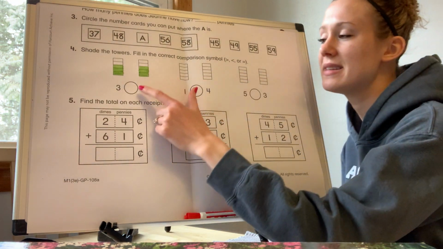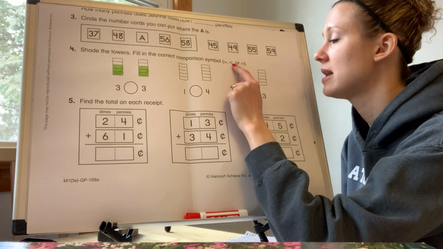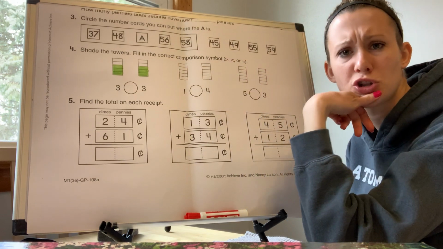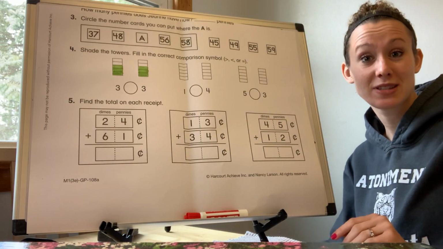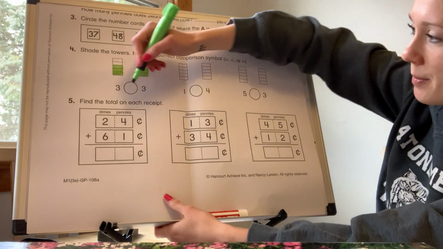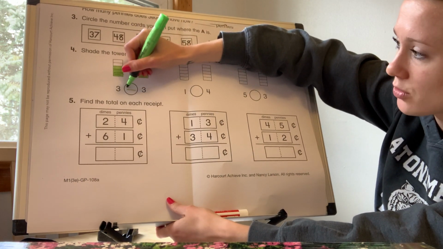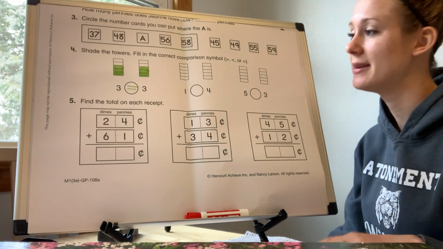Awesome. Now we need to put a symbol in there. Are we going to do greater than, less than, or equal to? 3 and 3. We are going to use an equals. An equals goes in there because 3 equals 3. 3 is the same as 3.